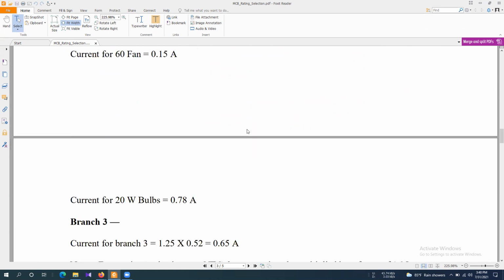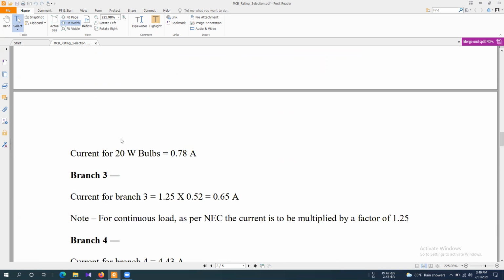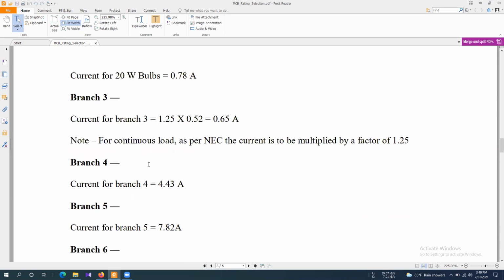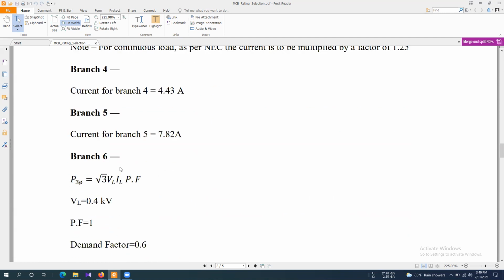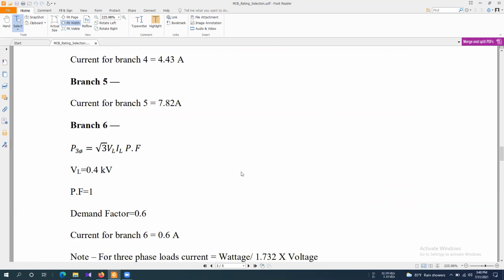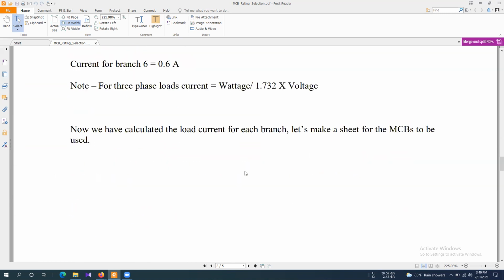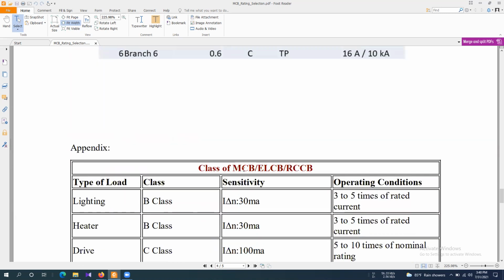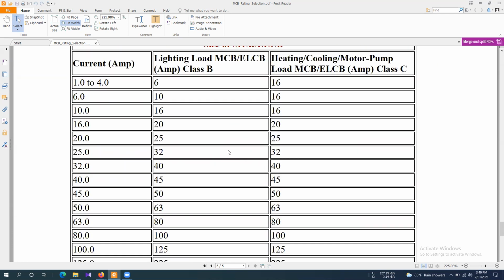You check for the desired one, and you will get the closest one as the selection. In this manner, do branch 3, branch 4, branch 5, branch 6. Whenever you are done with the total load current calculation of all these branches, you can simply select the proper rating of the MCB from this table.